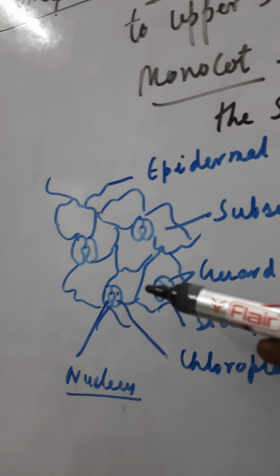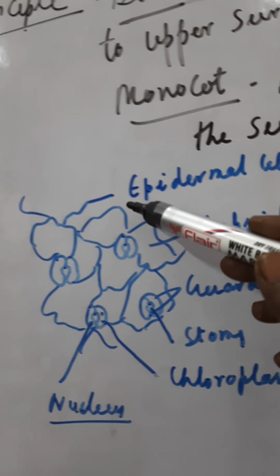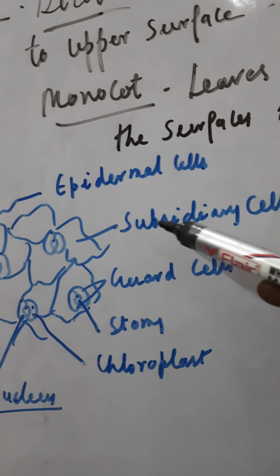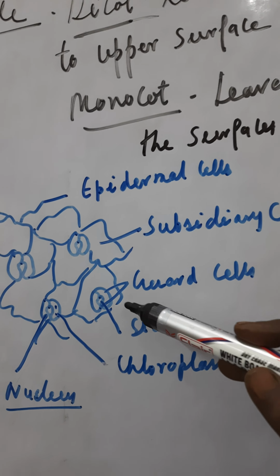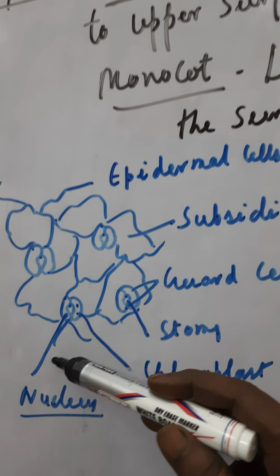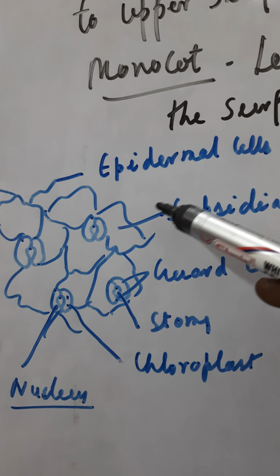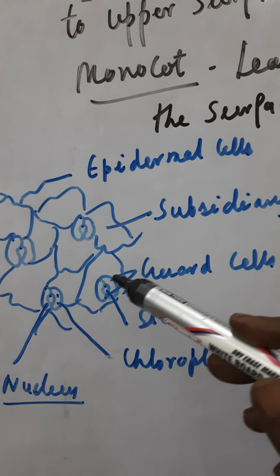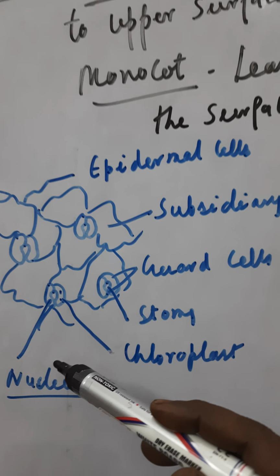Now in the dicot leaf you will see this type of structure. This is the epidermal cell, these are the subsidiary cells, these are the guard cells, this is the stoma, this is the chloroplast, and this is the nucleus. Clearly observable things: epidermal cells, subsidiary cells, guard cells, stoma, chloroplast, and nucleus.